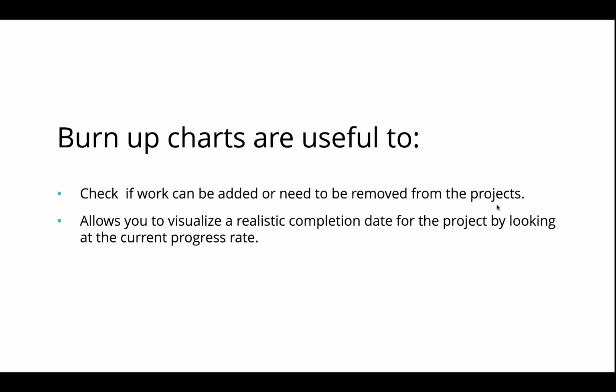Burn-up charts are useful to check if work can be added or need to be removed from your projects. And it allows you to visualize a realistic completion date for the project by looking at the current progress rate.